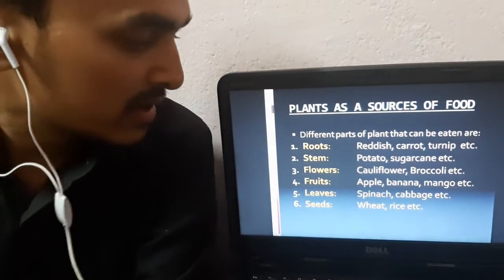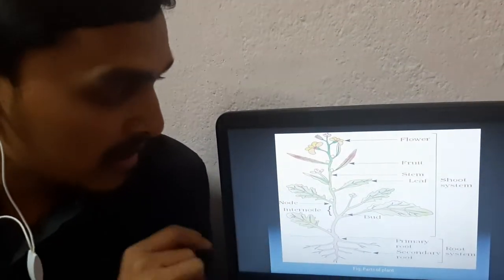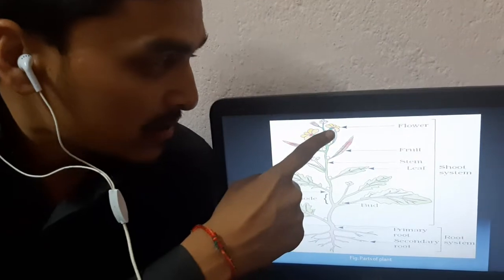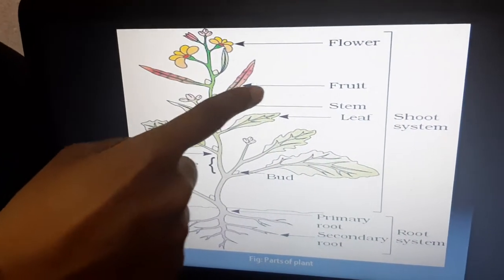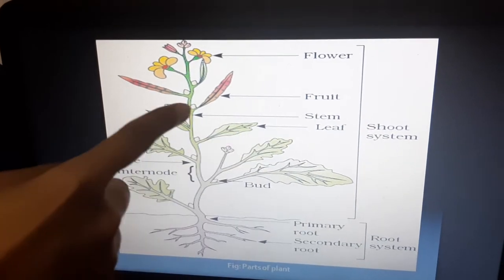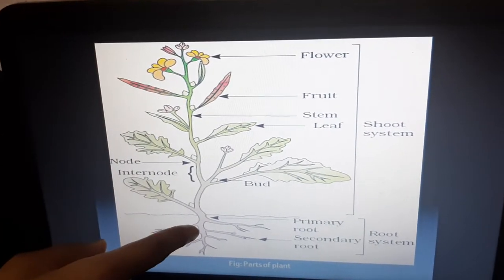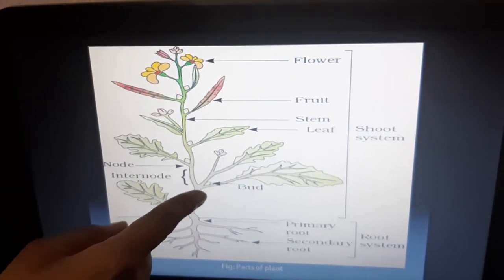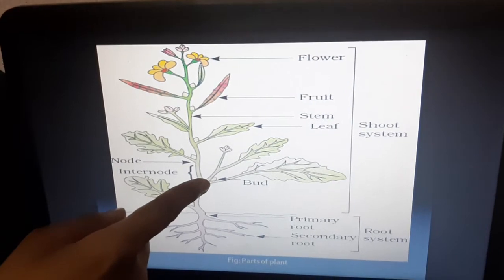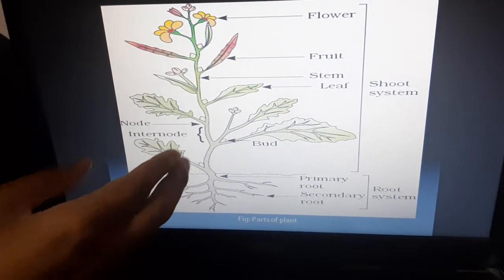Let us see the diagram of the plant, in which the different parts of the plant are shown. Suppose this is the flower, and these are the fruits that we can use as food. This whole part you can see is the stem. These are the leaves. This is the bud, the part of the plant from which growth happens and a new plant can be formed.